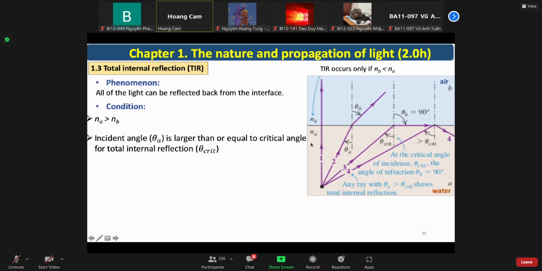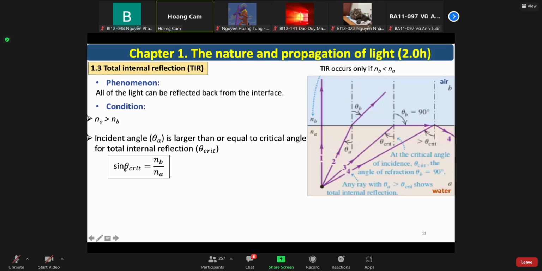That is why it got the name critical angle. The critical angle is like the boundary or limiting value for whether this phenomenon happens or not. So in this case the incident angle is larger than or equal to the critical angle for TIR. Okay, so you got that.